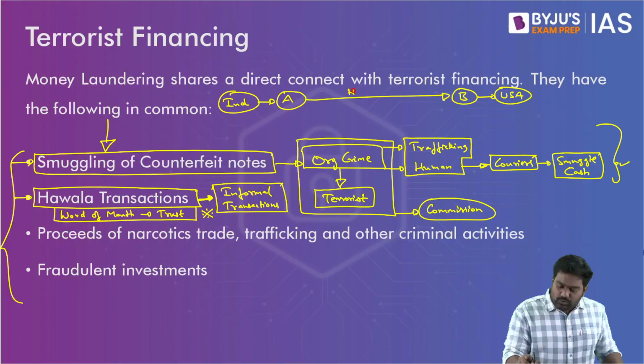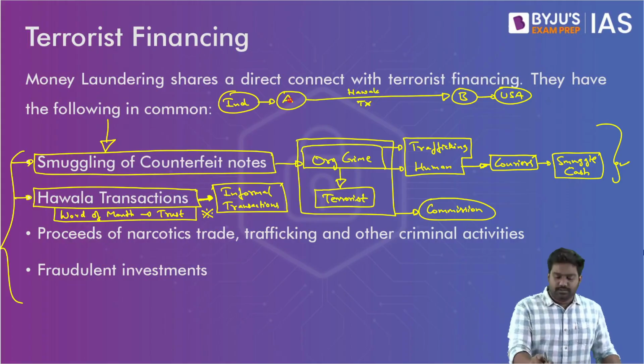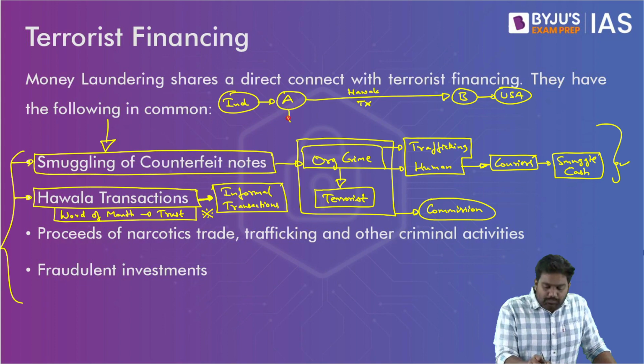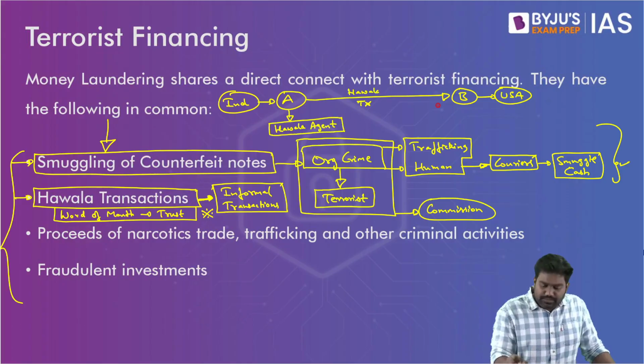Let's say he wants to carry out a Hawala transaction, send some money from India to the US. A wants to send money to B. Now he will approach a Hawala dealer, a Hawala agent in India. He will tell him that this is the amount to be paid to this particular recipient.